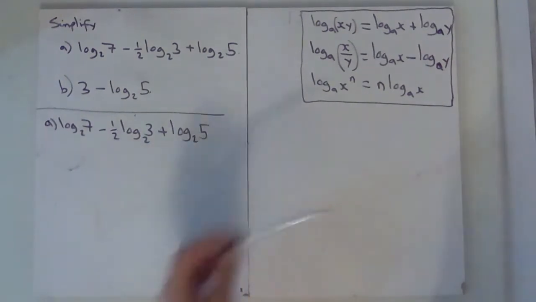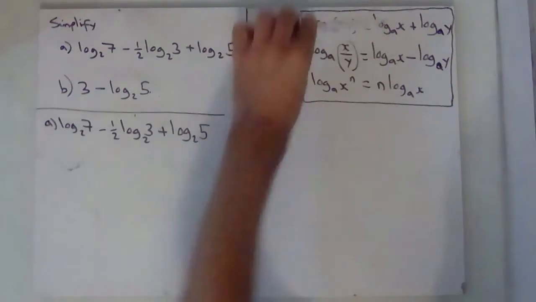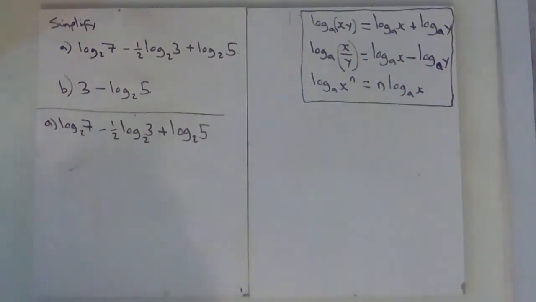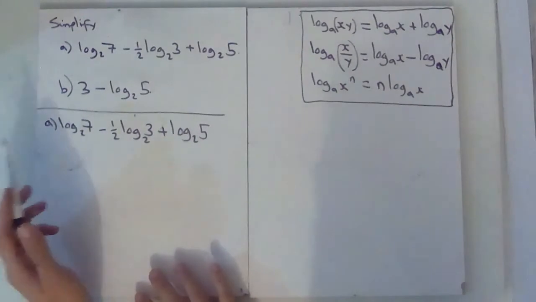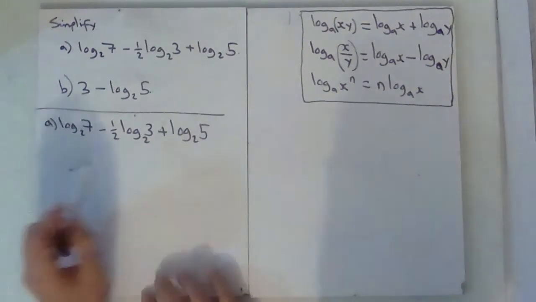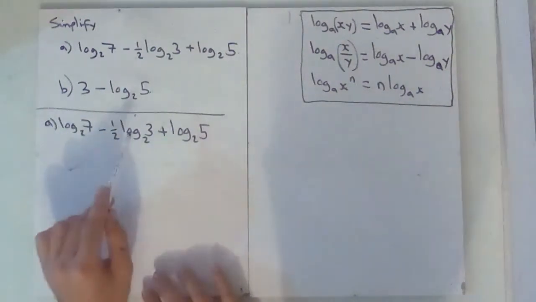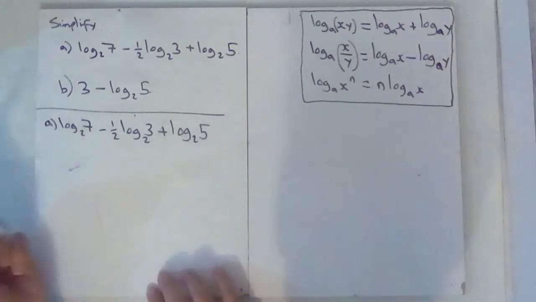But you're already probably thinking first two laws, because we want to end up with just one term in the answer. When I add logs together I multiply, and when I subtract I divide. As my next line, I'm going to put the two positive terms together.